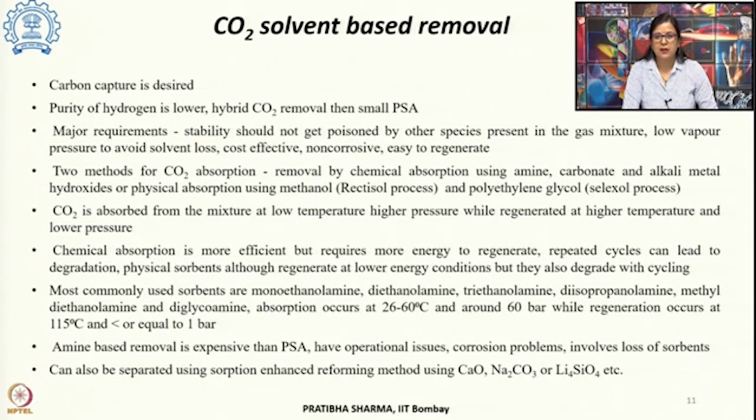We have also seen earlier a carbon dioxide separation method when we studied reforming. Absorption enhanced reforming is an alternate method where carbon dioxide can be selectively reacted with chemicals like calcium oxide, sodium carbonate or lithium silicate, and in this way carbon dioxide can be separated from hydrogen.